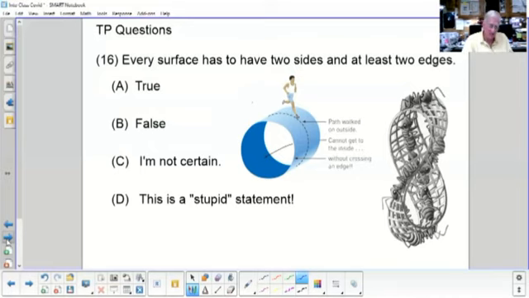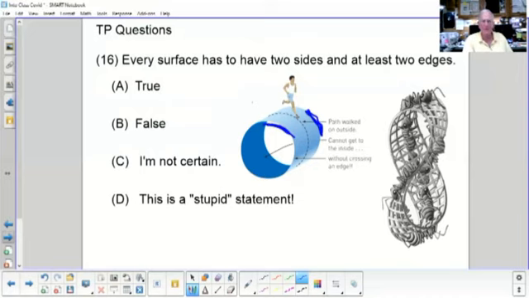There's the side he's running around on, assuming he can run upside down, and a side on the inside of the figure, right? Where he can run. So at least two sides. And of course, the edges, I'll just kind of scribble along the edge here, and there's an edge over here, right? Okay?